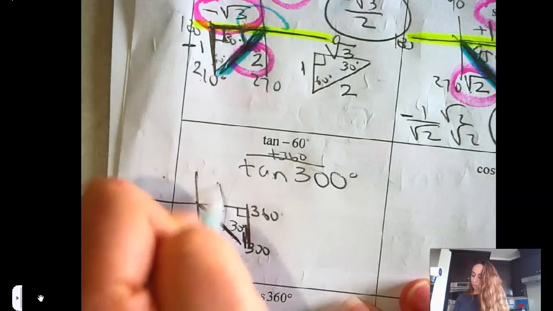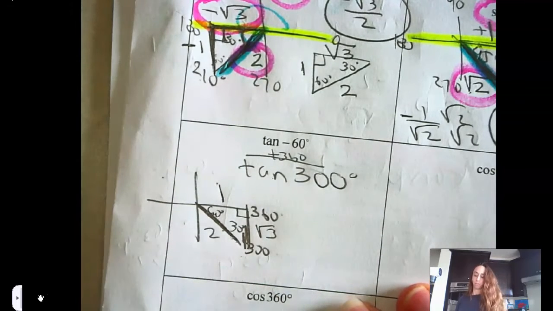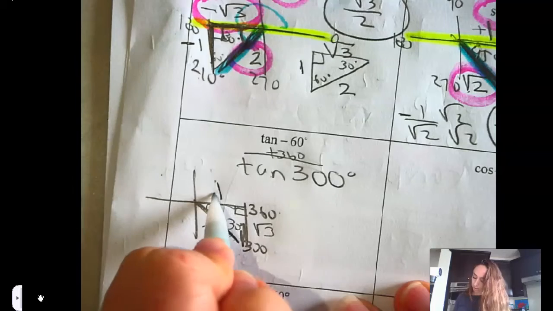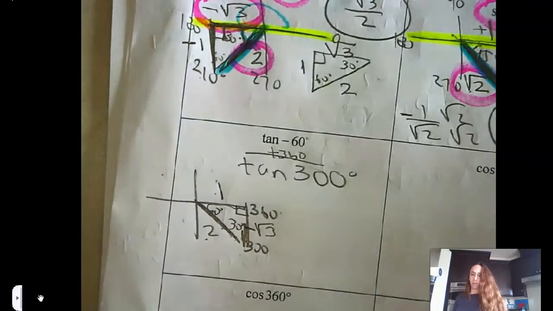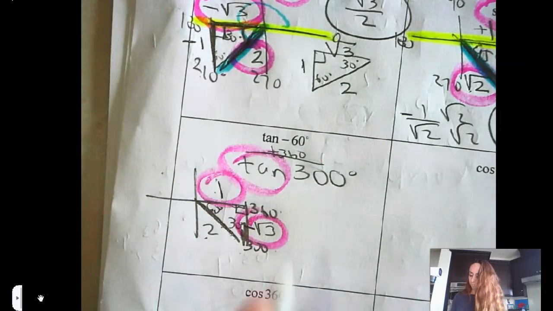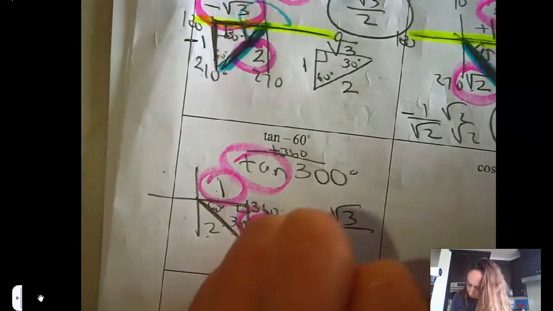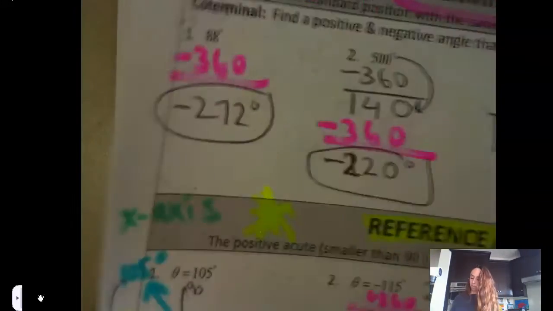What's across from the 30? 1. What's across from the 60? Rad 3. What's the hypotenuse? 2. Go to the right, 1. Down, negative. Hypotenuse. Tan is opposite over adjacent. Let's check tan of 300. Oh, wait a minute.